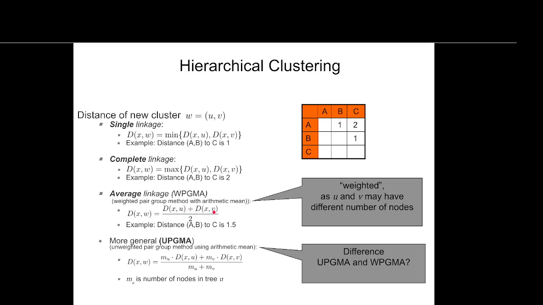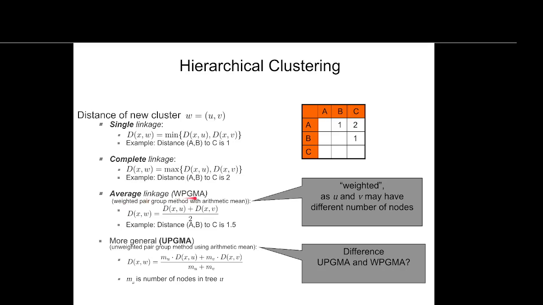U might be a very large tree that has already 100 nodes in it, and V just a tiny tree of 2. Nonetheless, we treat both values as of the same order, and we just average them. And that is why, although you do not see any weights over here, it's nonetheless implicitly weighted. And that's why it's called WPGMA.